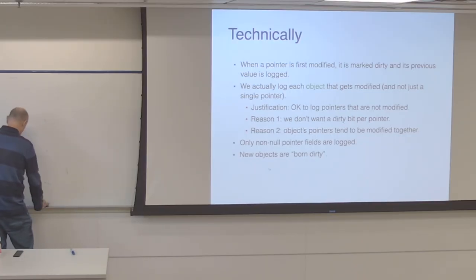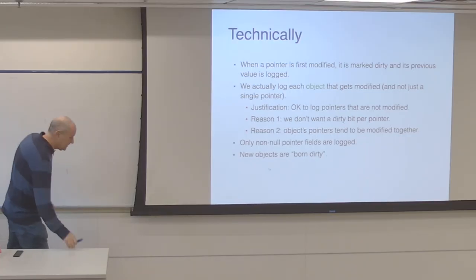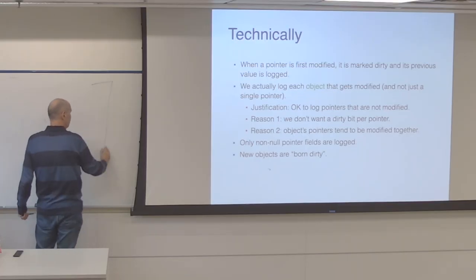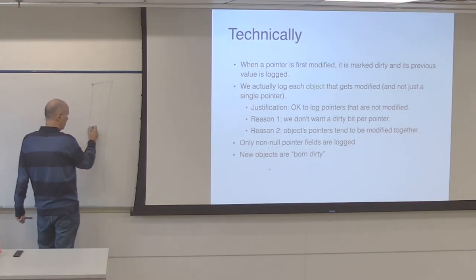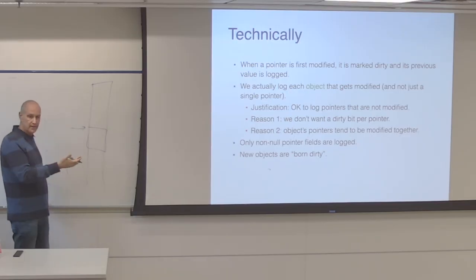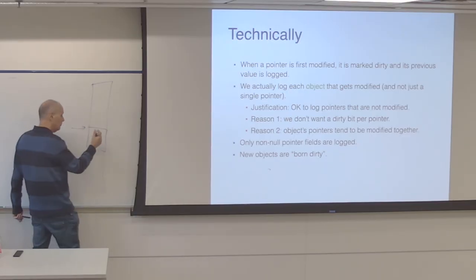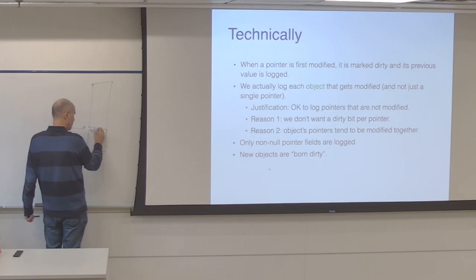So suppose I have my local buffer, and I want to record an object. I'm going to modify an object. I write the address of the object, and then I write its pointers, P, Q, I don't know.